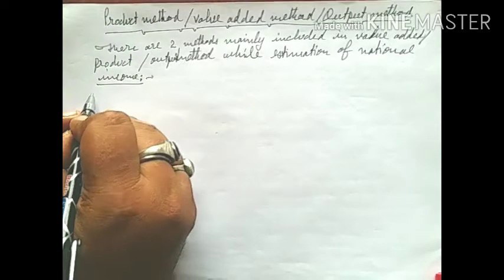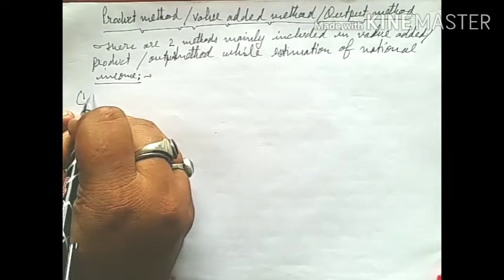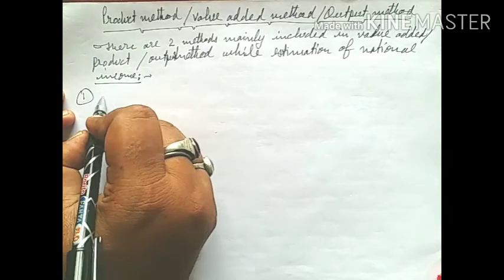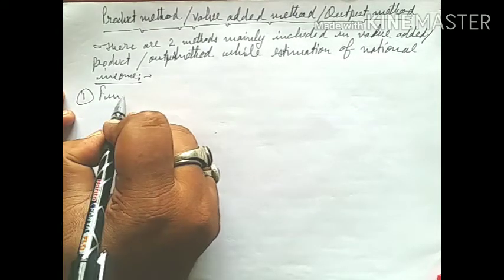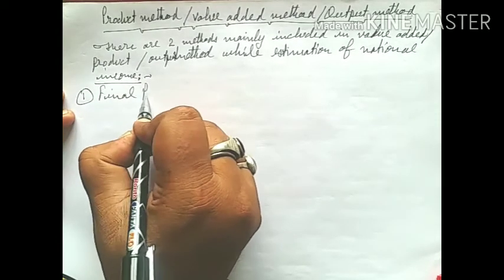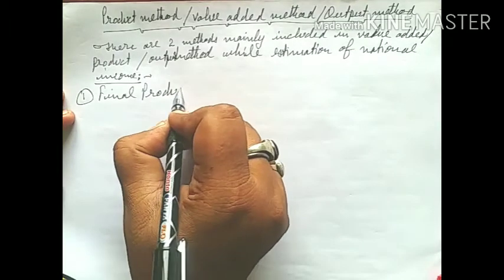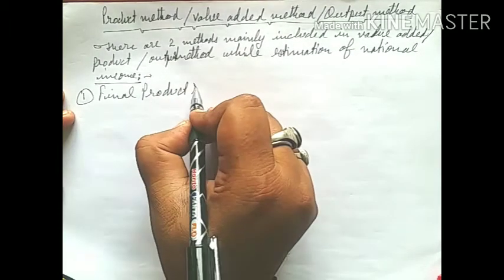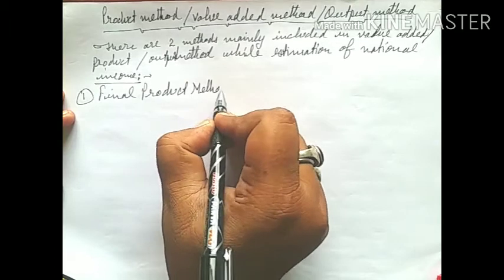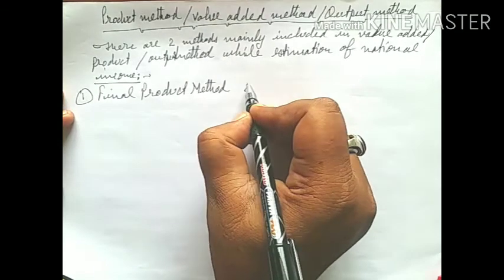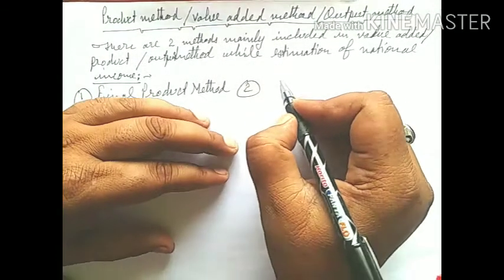These two methods are, number one, final product method, and number two is value added method.